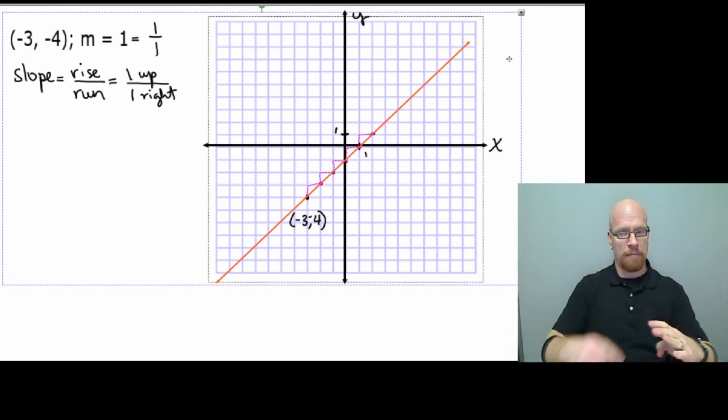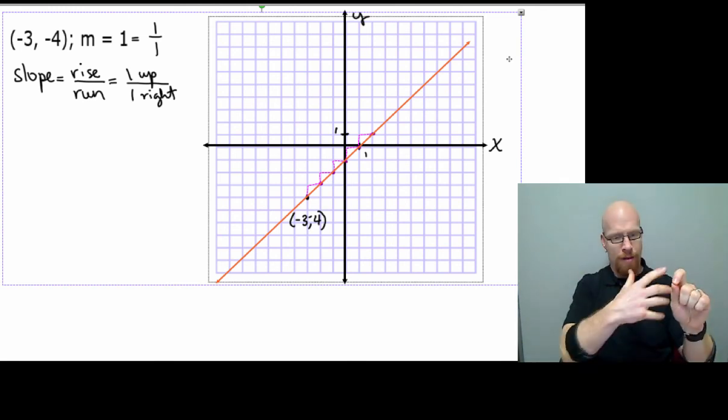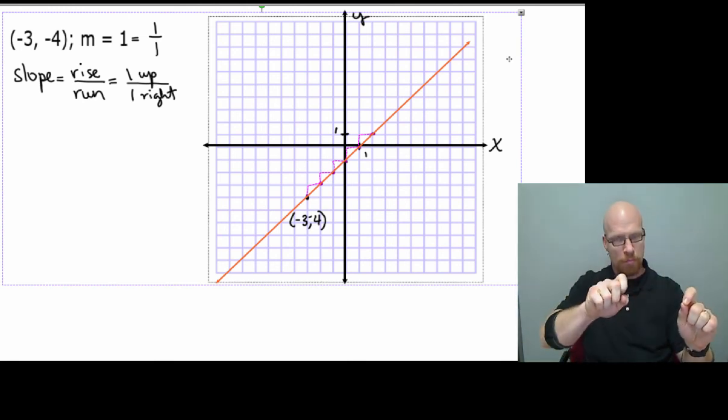So, as we can see here, it's a positive slope, it is going up, and that's our line for this point and that slope.